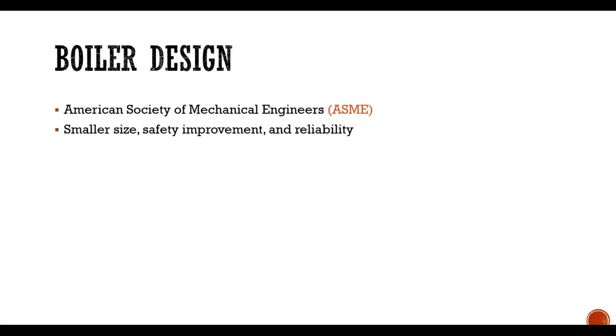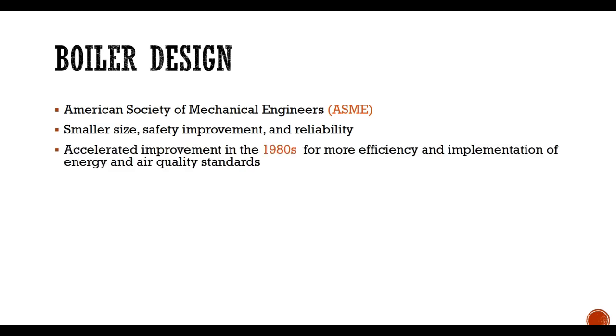Again, they have improved a lot throughout the years. The design has changed. They became smaller, with more safety features, and they became more reliable and more affordable. There was an accelerated improvement in the 1980s. They became more efficient, and they have implementation of energy and air quality standards. We did talk about the oil prices being high, and they also installed the Clean Air and Clean Water Act.